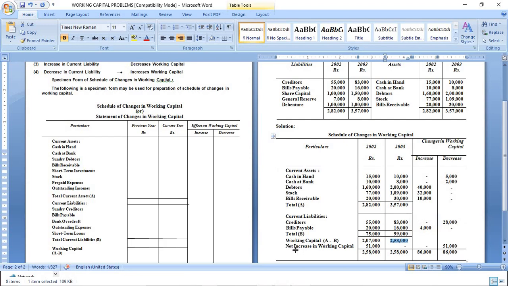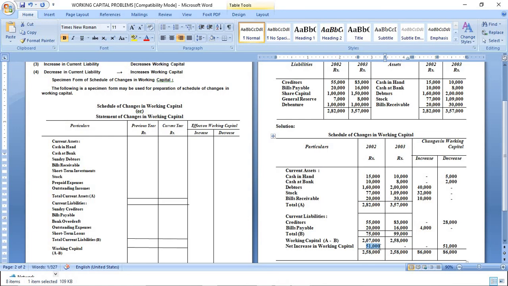Now we have to show the net increase in working capital. You can see in 2002 you got 2,07,000, but in 2003 you got 2,58,000. So it is an increase in working capital, and we mention here 51,000 increase in working capital.